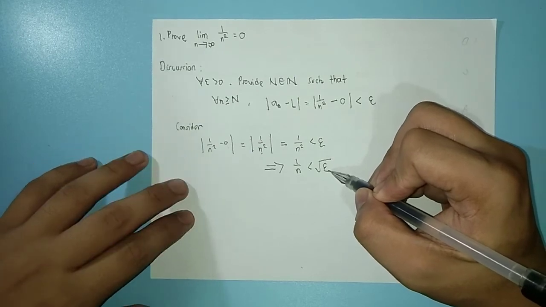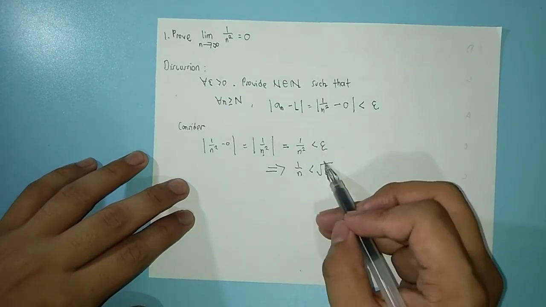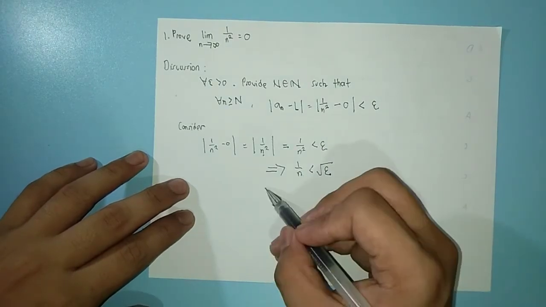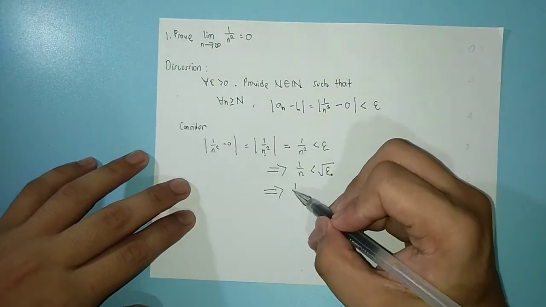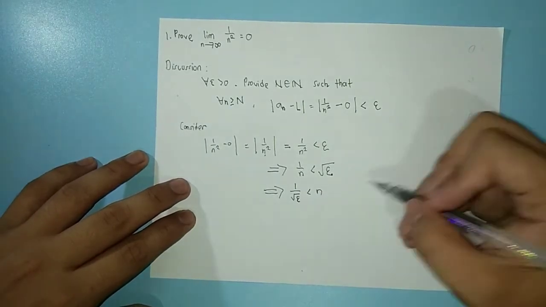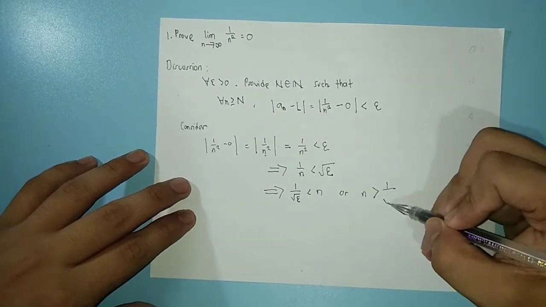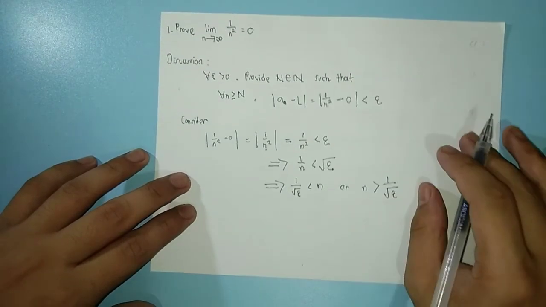Okay? Tapos, pagpalitin lang natin to, so yung n, lagay natin dito, yung square root of epsilon dito. So, this implies 1 over square root of epsilon less than n. Or, n greater than 1 over square root of epsilon.